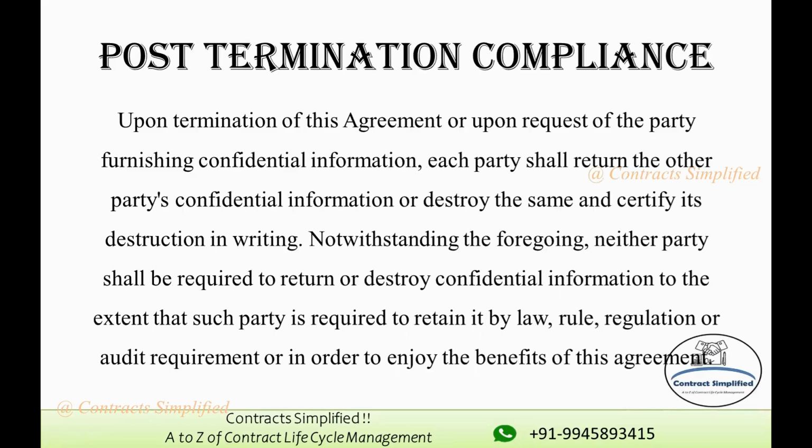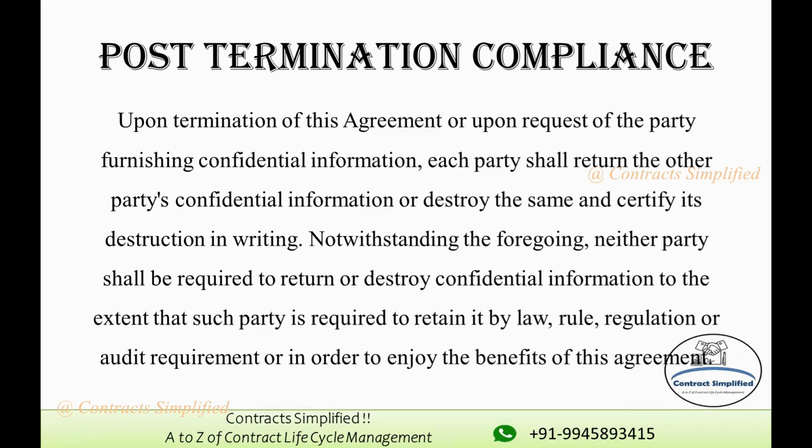The next sample we are going to discuss is about post-termination compliance. Upon termination of this agreement or upon request of the party furnishing confidential information, each party shall return the other party's confidential information or destroy the same and certify its destruction in writing.